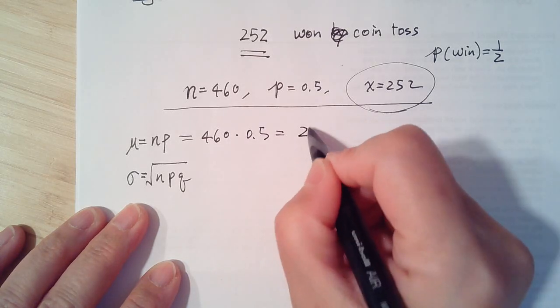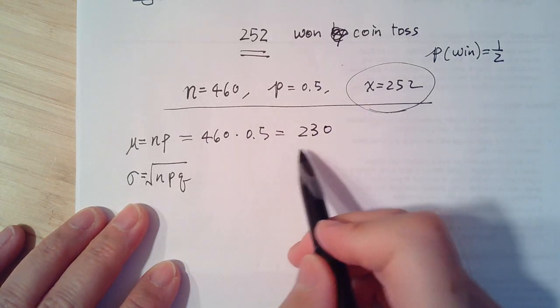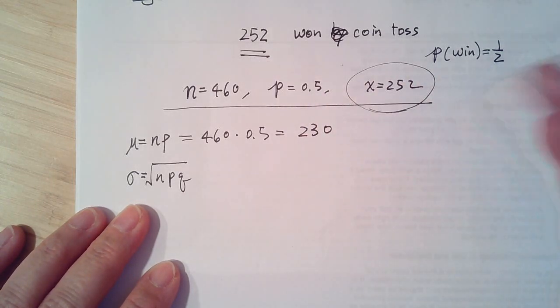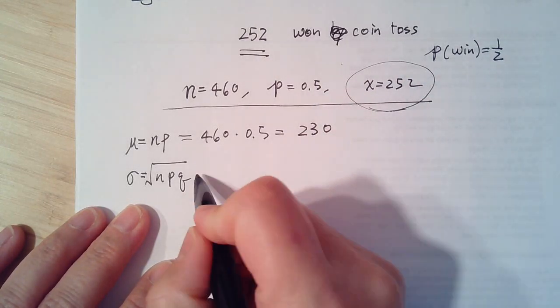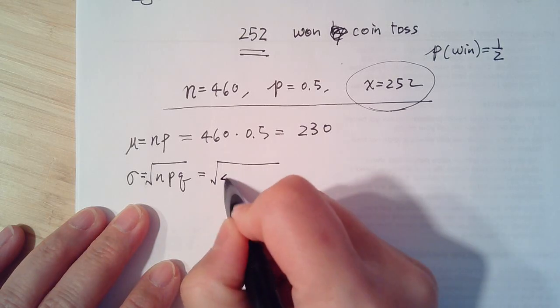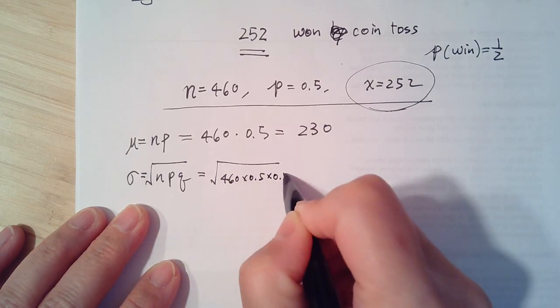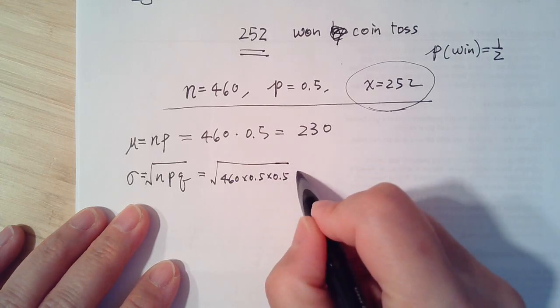That's 230. So on average it should be 230, but our number is 252. We want to know whether it's significantly high or not.